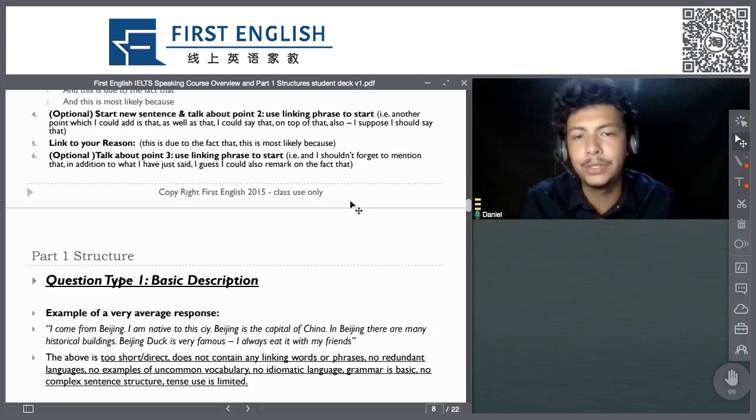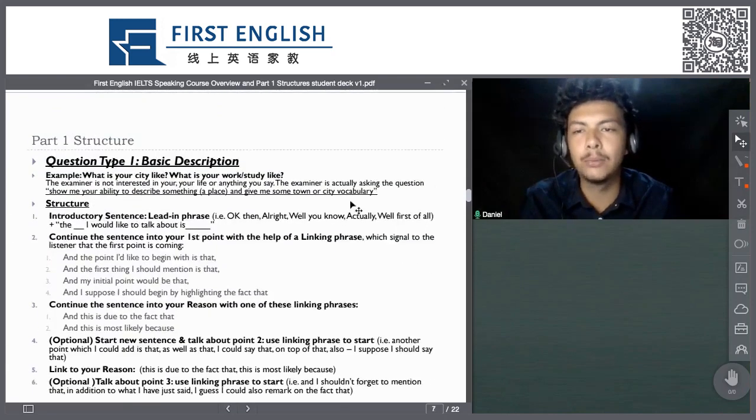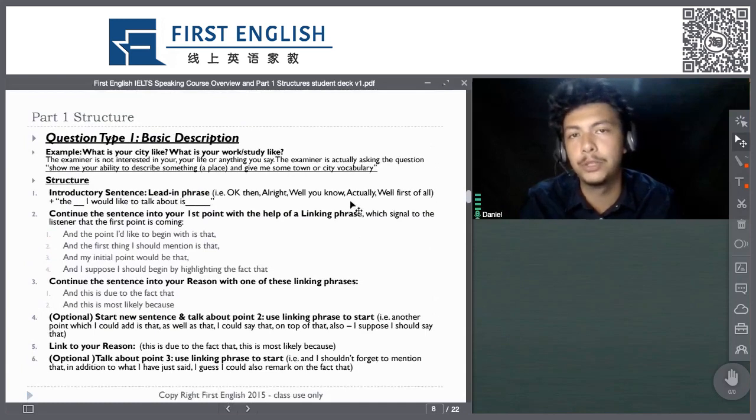There's no redundant language. There's no examples of uncommon or complex vocabulary. There's no idiomatic language. Grammar is pretty basic, and the tense is pretty standard throughout the entire answer. So this isn't what you should be aiming for when you provide any of your answers, let alone this particular question type. So let's now break down the exact structure in which you should articulate your answers when getting asked similar questions to this.